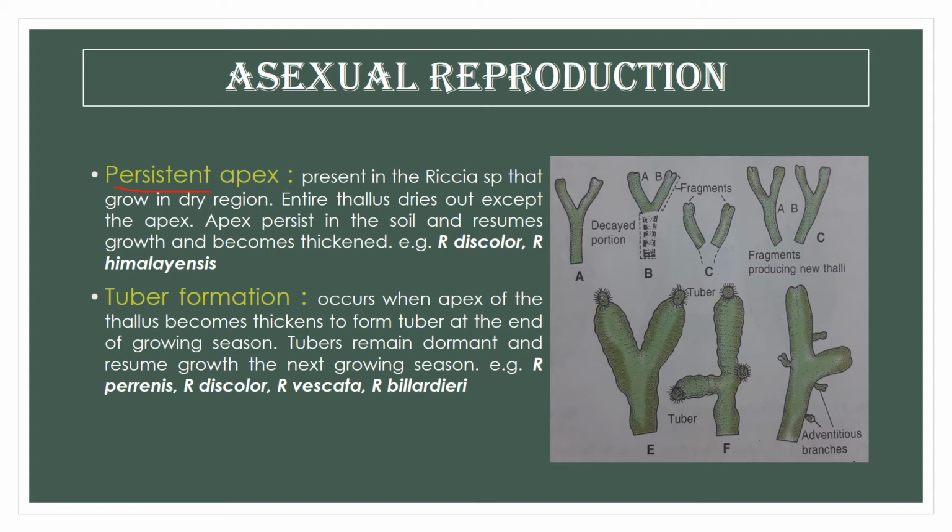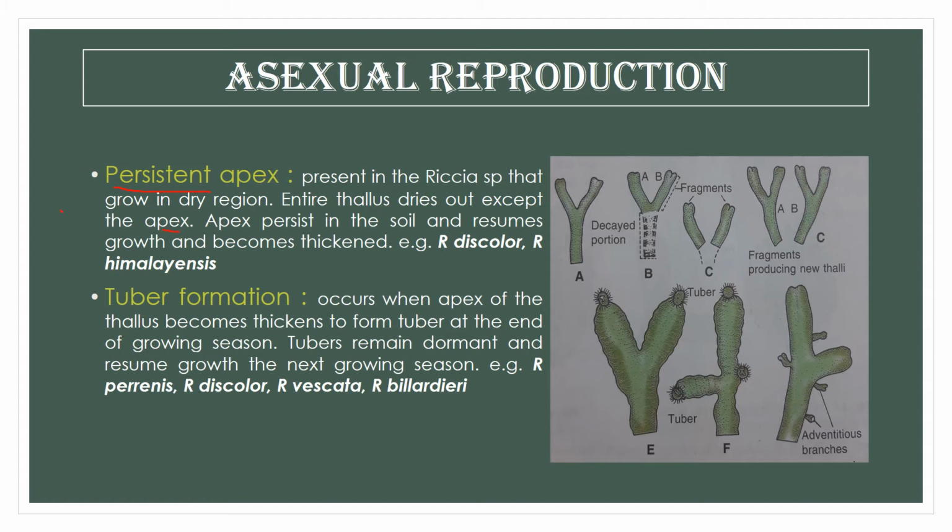For example, in India, a lot of species of Riccia are found growing even in the arid regions of Rajasthan and Punjab. These regions of high temperature and high aridity harbor a large number of Riccia species, but those species have a special adaptation: they are ephemeral. The entire body of the thallus dies away, leaving only the apical portion.